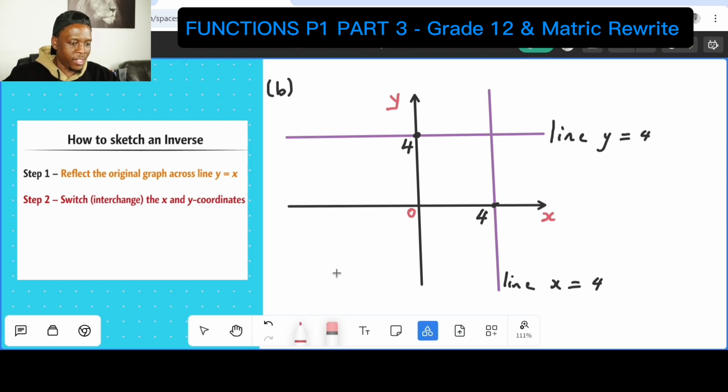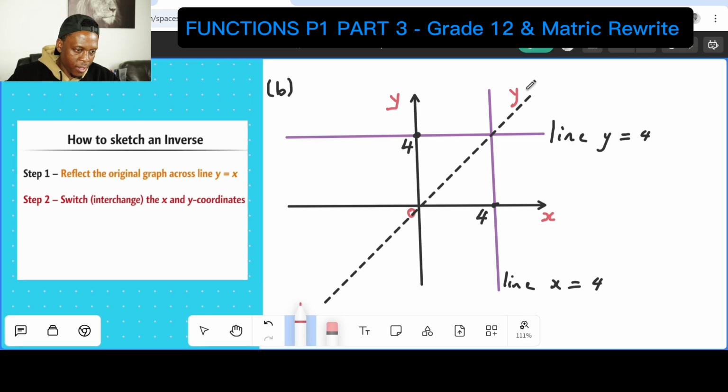Not forgetting our reflection line here through the origin, line y = x. So line x = 4 is reflecting line y = 4 across line y = x. That's the inverse. And checkmate.